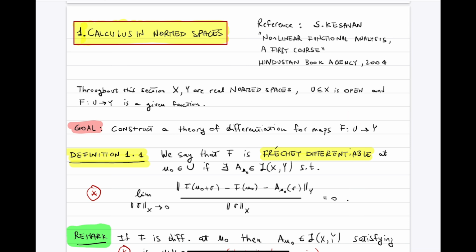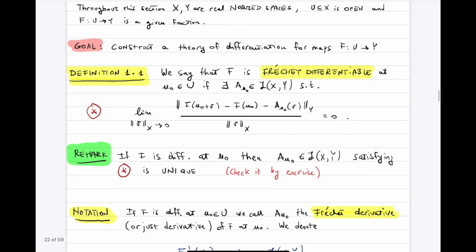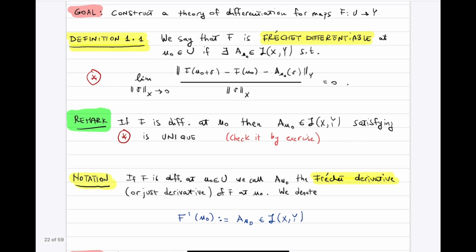So the first definition is a generalization of the definition of differentiability, and it goes like this.